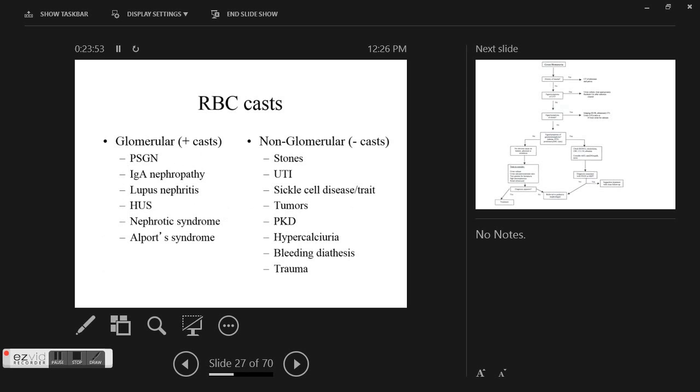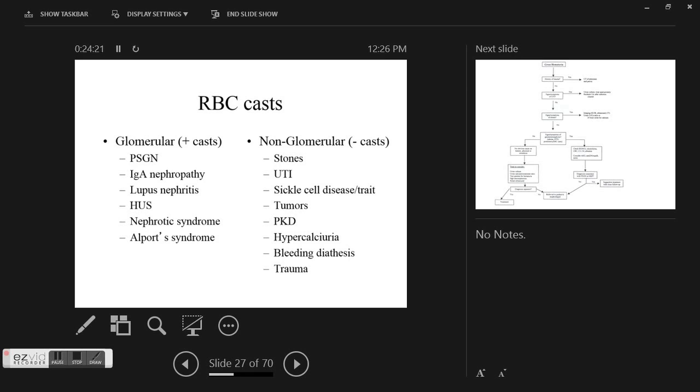I want to talk for a minute about casts because this is something they like on boards: things that are not questioned, not controversial. Glomerular, you'll see red blood cell casts. So anything that causes glomerular disease, IgA, acute glomerulonephritis, lupus, hemolytic uremic syndrome, you'll see casts in the urine.